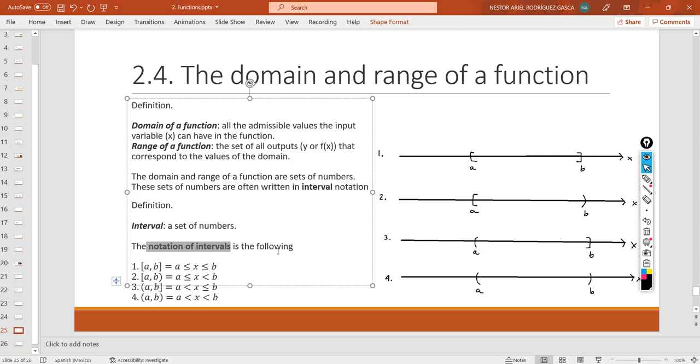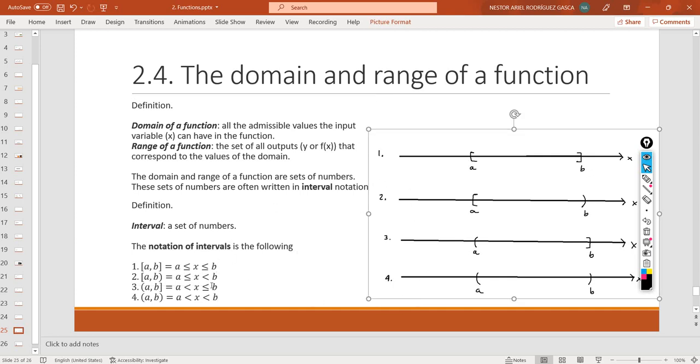The notation of intervals is the following. Take a look at this. Okay, look at these things. This means exactly this. That's what the equal sign is for, right? This is the same as this, and so on.